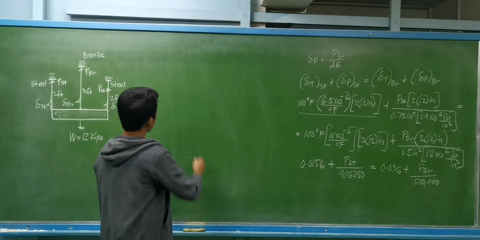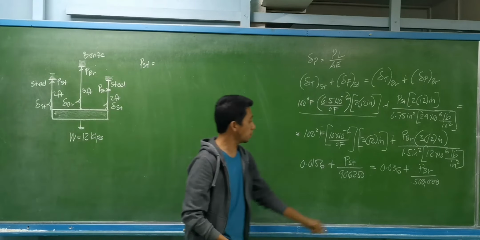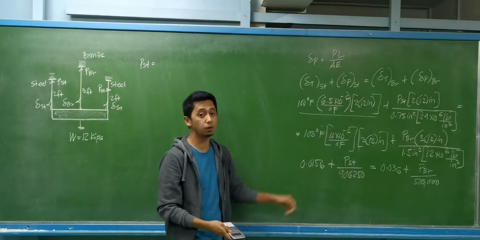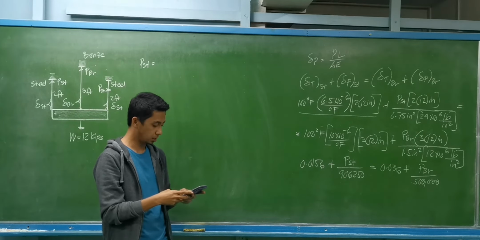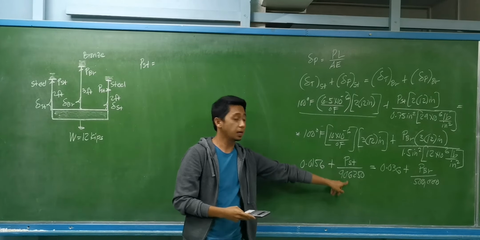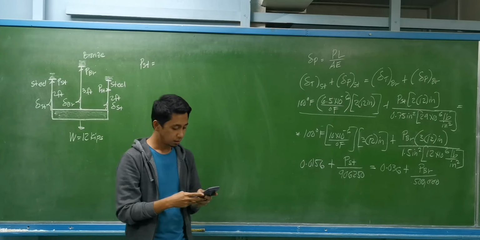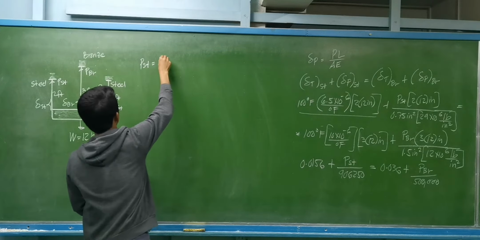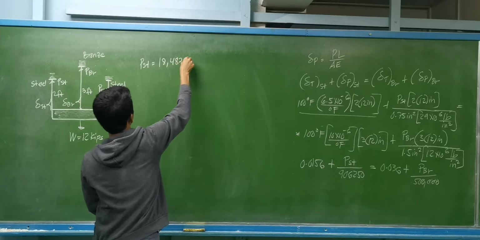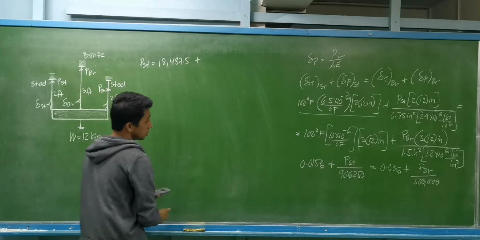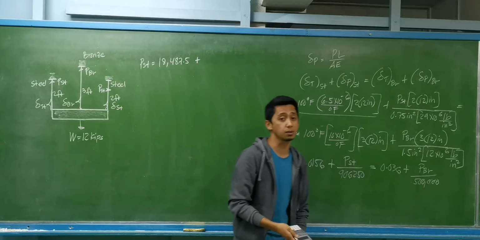So we have the load to be carried by the steel equal to 0.036 minus 0.0156, 0.036 less 0.0156, then multiplied by 906,250. So we have the value as 18,487.5 plus 906,250 divided by 500,000.